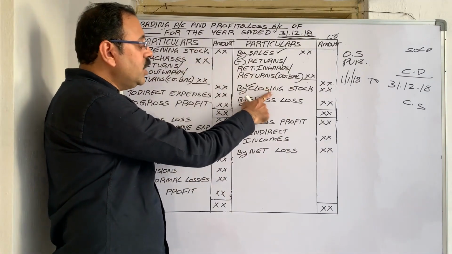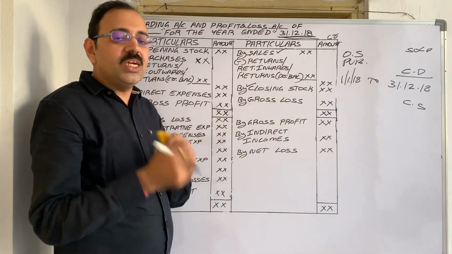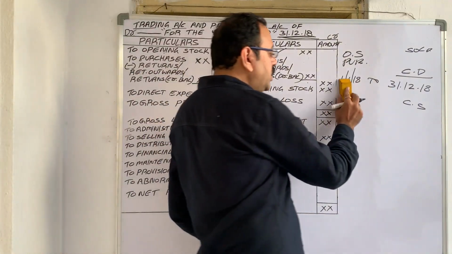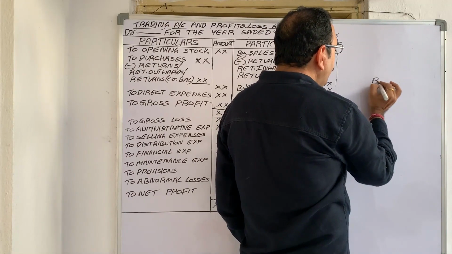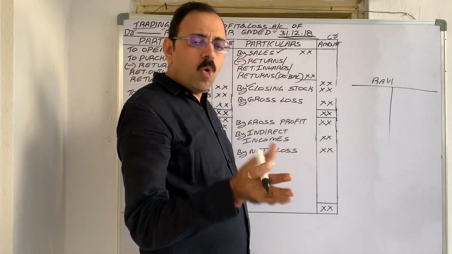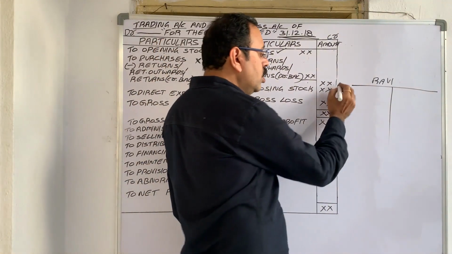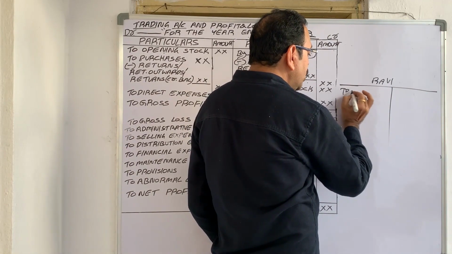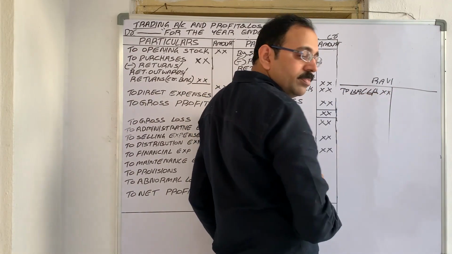So these two are nothing but opening balance and closing balance of any ledger account. One should recollect ledger account. For example, Ravi account we are preparing, and there is some opening balance, debit balance. Then on debit side we write 'to balance brought down' some amount.